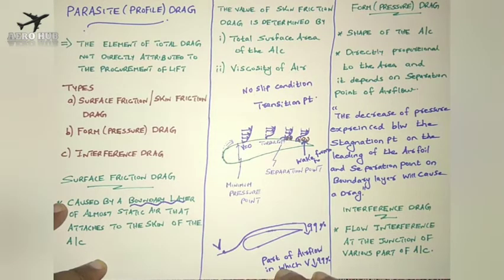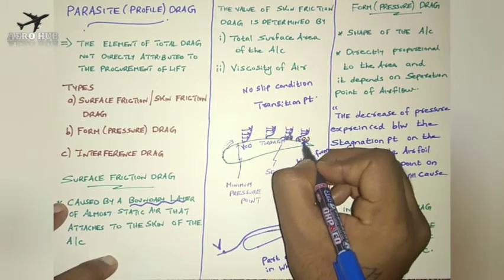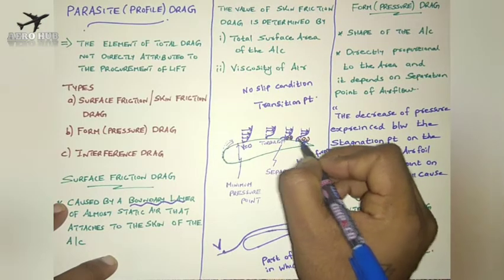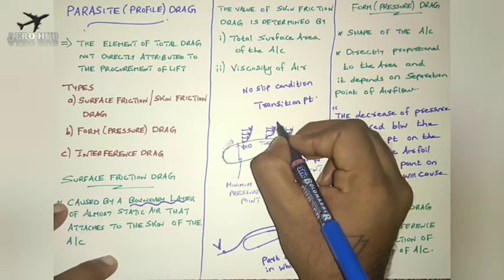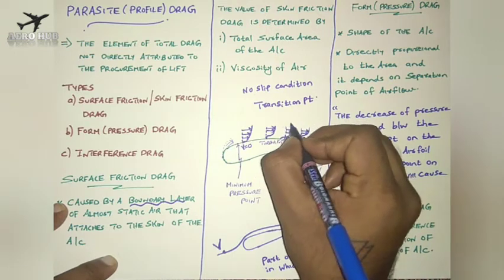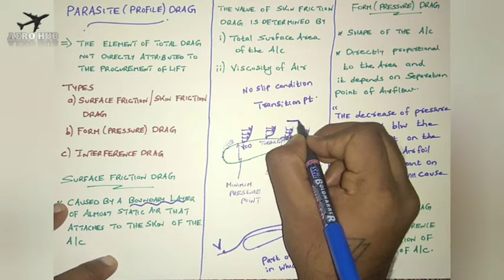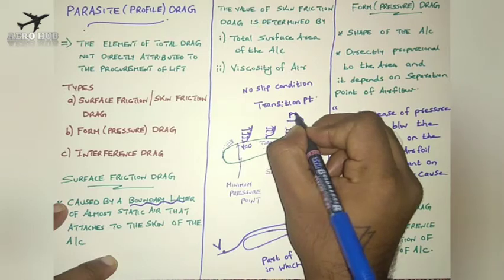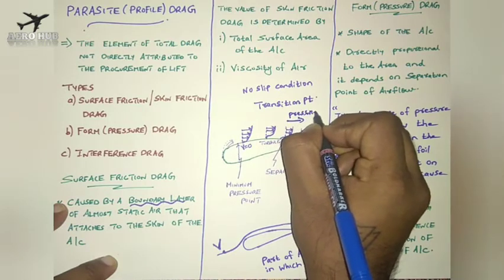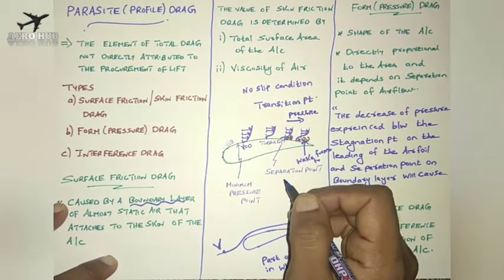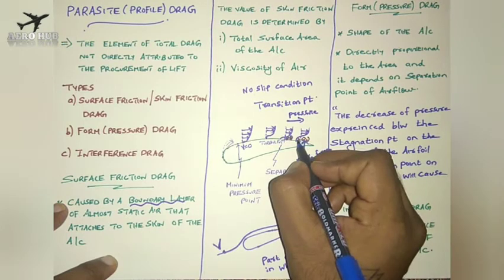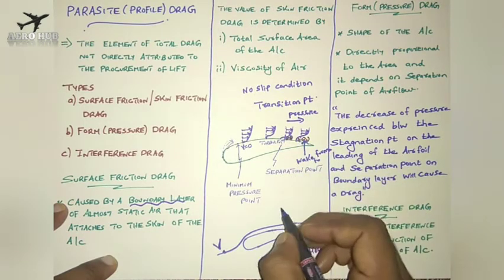So what is the mechanism behind that? You can see here there will be separation, because mainly the pressure in this area will be very high, in such a way that the velocity becomes very low.